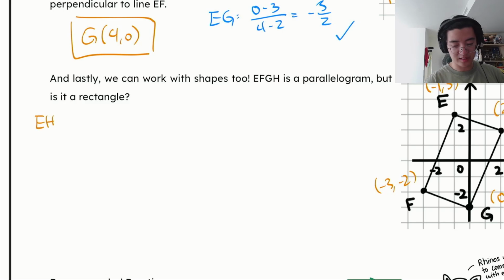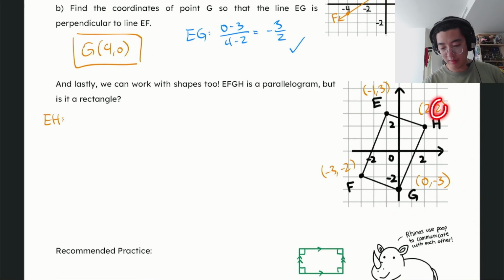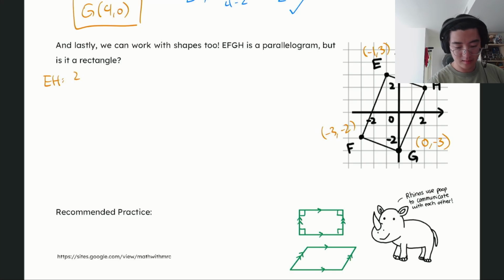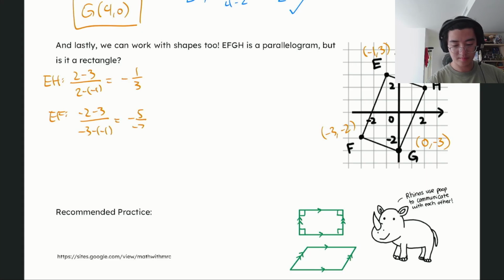Okay, let's check EH first. Y minus Y. This minus that. Okay, that's the negative 1/3. Line EF. This minus this. X minus X. Okay, HG.